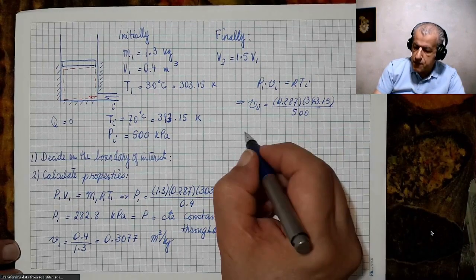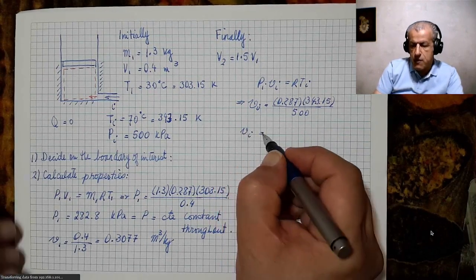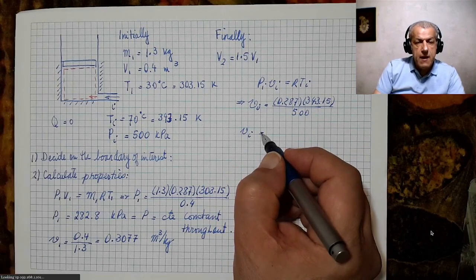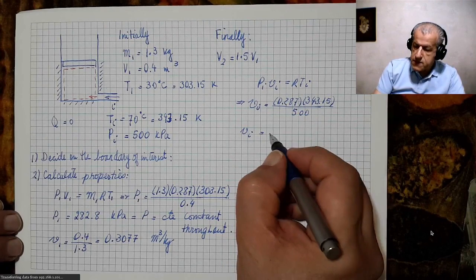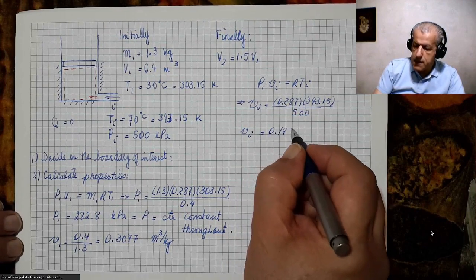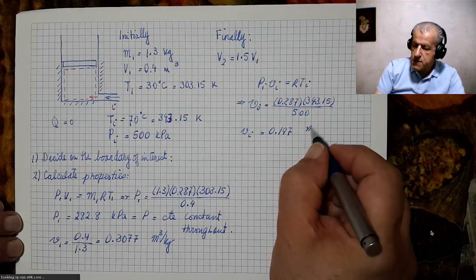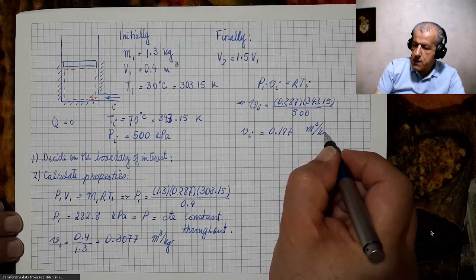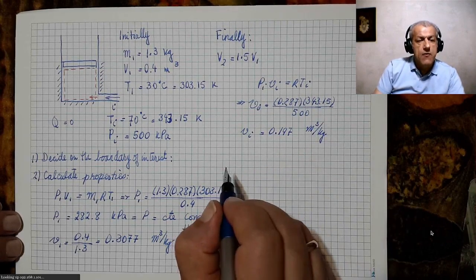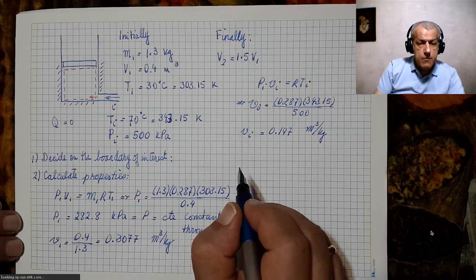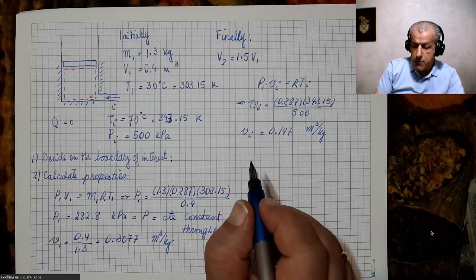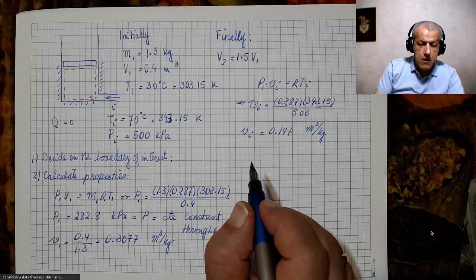The outcome for vi, the specific volume of the flow that enters this control volume, is 0.197 cubic meters per kilogram. That's all we can know about the flow that enters.